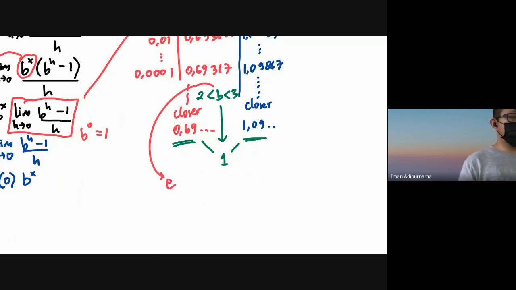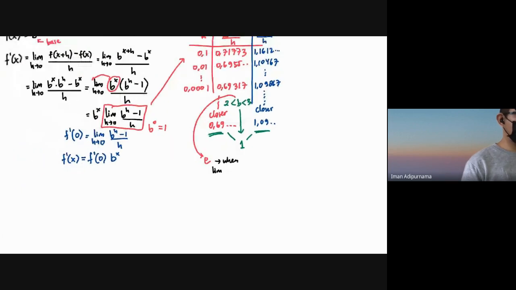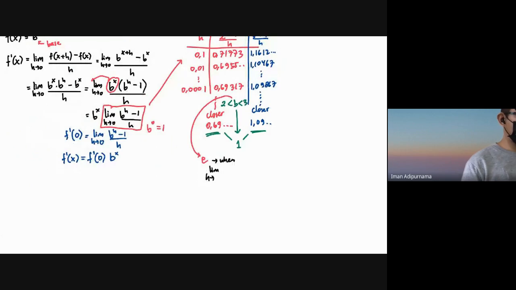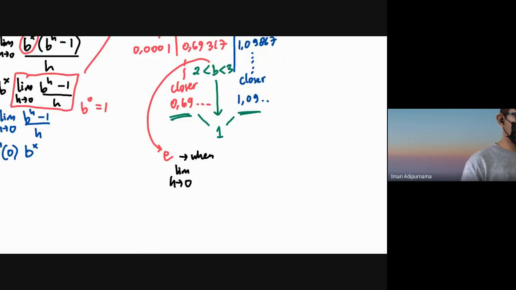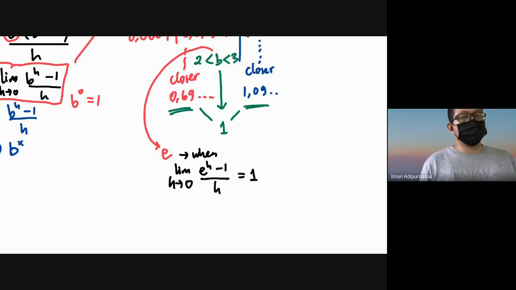So our e is when the limit, let's say of (e^h minus 1)/h, this is equal to 1.